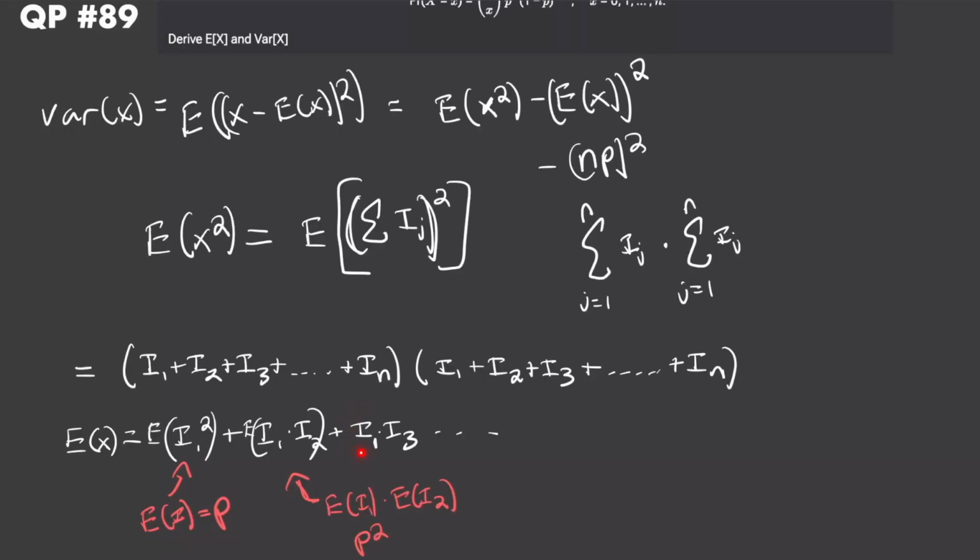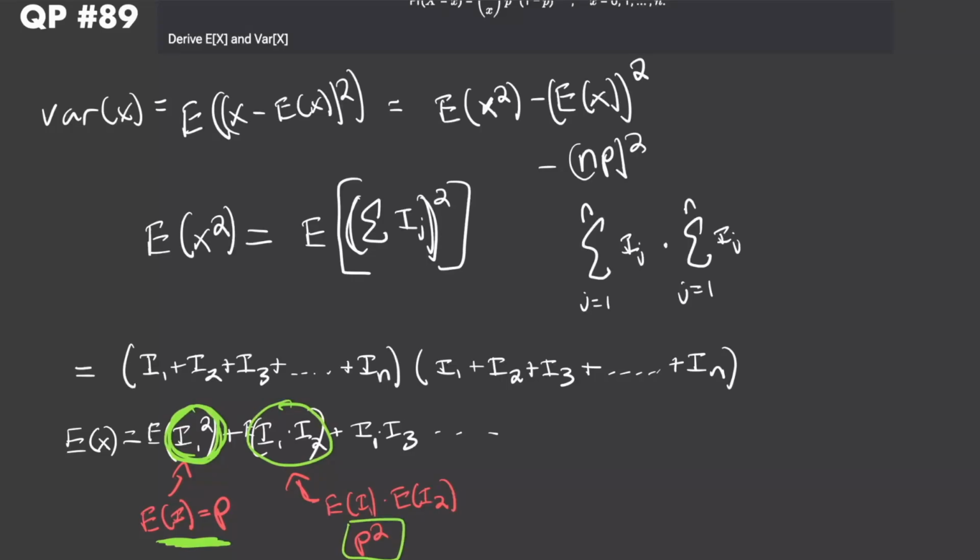Now again, the expected value of I1 times I3 is just going to be equal to the expected value of I1 times the expected value of I3, again, because these are two different, so independent trials, and we're going to get p squared again. And you can pretty clearly generalize that whenever I get two variables that are the same, so I1 squared, I2 squared, all the way up to In squared, my expected value is going to be p, and when I get two different terms, so I1 times I2, or I3 times I5, or I6 times I7, the expected value is going to be p squared.